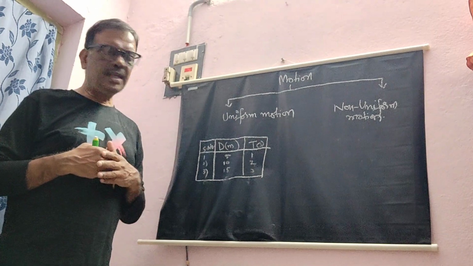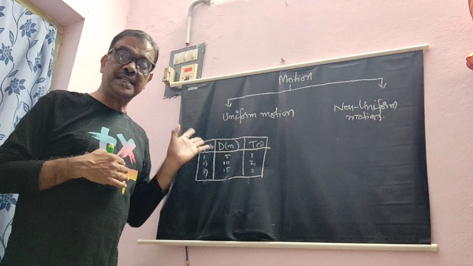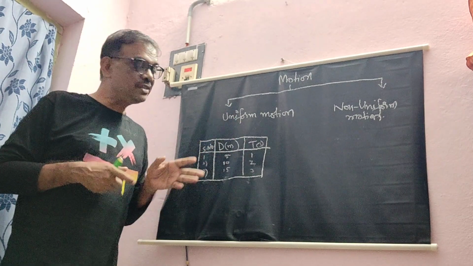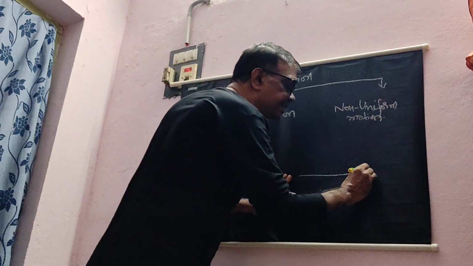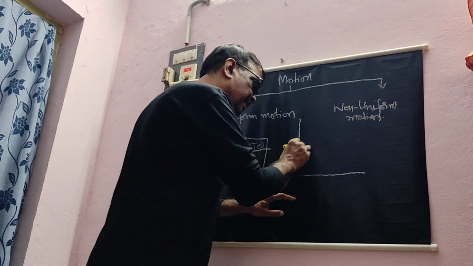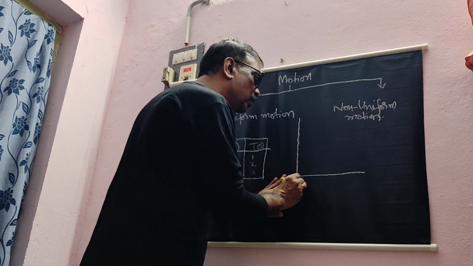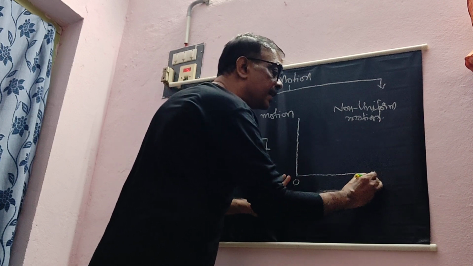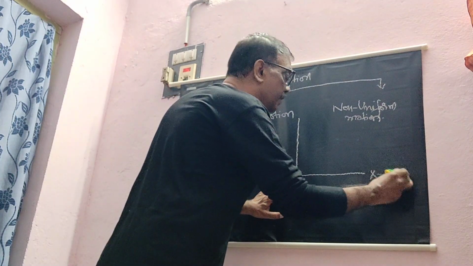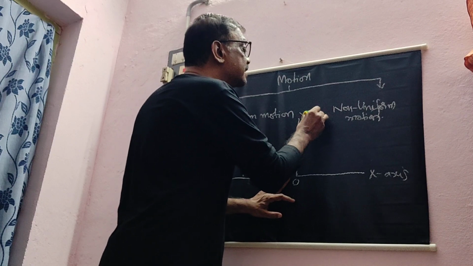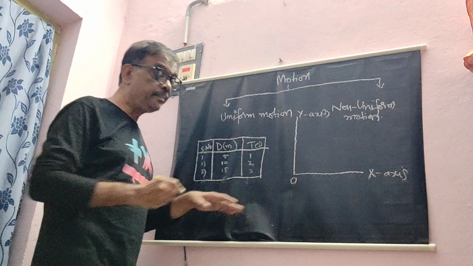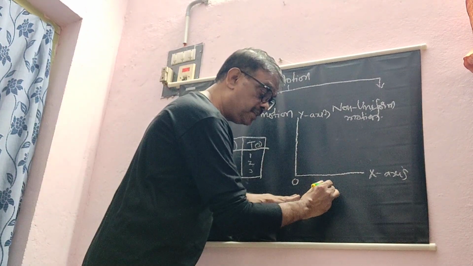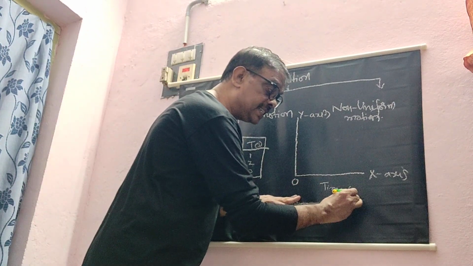Time does not depend on distance; distance depends on time. That's why, if you plot a graph, this is the x-axis, this is the y-axis, and this is the origin. On the x-axis we take time, which is measured in seconds.